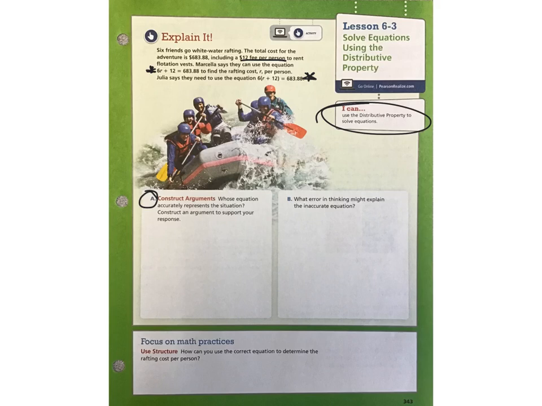So in Marcella's equation, the 6r plus 12 equals $683.88 represents that the 6 times the r tells me how much each of those friends are going to pay.